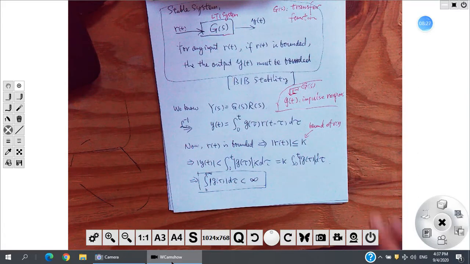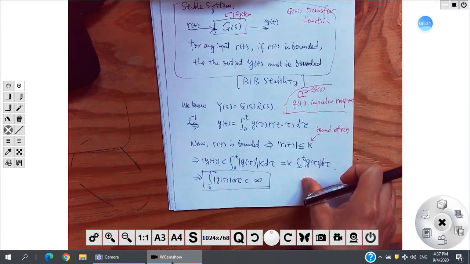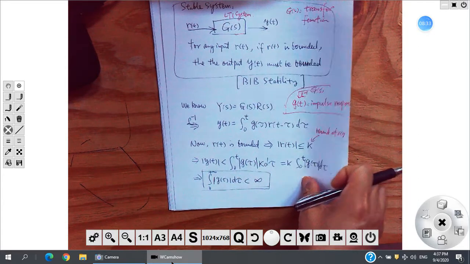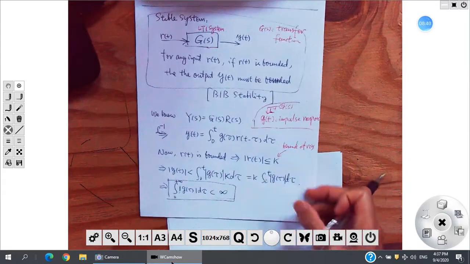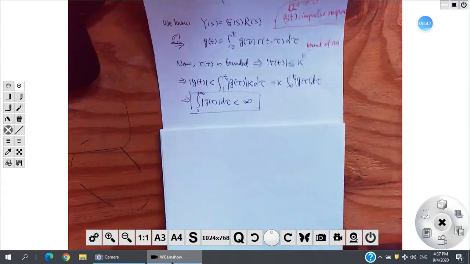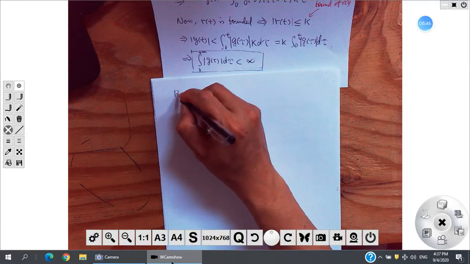Can we do it without the integration? Okay. So this is the next one. Let's see. But what is g?